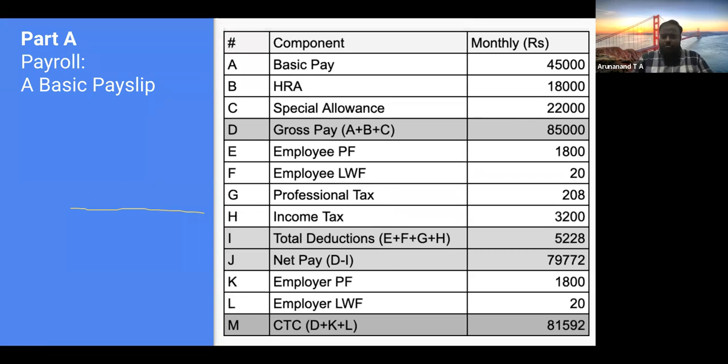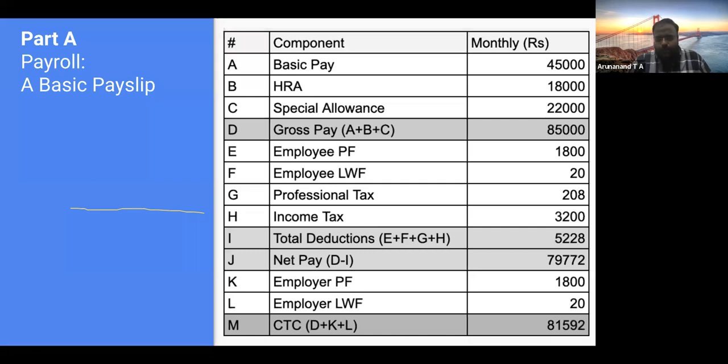So on lines K and L, you can see employer PF and employer LWF. So what is this? The government of India has certain rules called labor laws, which say that for every employee working in your organization, you have to deposit this money into this account, this money into that account, etc. So there is an act called the PF Act, which says that for every employee, this much amount should be deposited into his PF account.